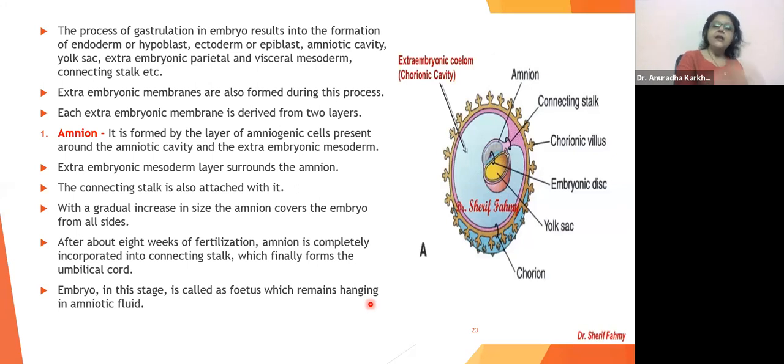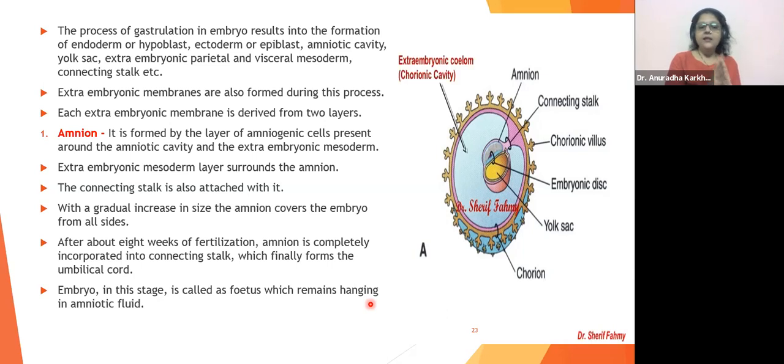Incorporated means now the connecting stalk will also include the amnion membrane, which finally forms the umbilical cord. So this amnion is going to extend to form the umbilical cord. No need of writing, you will be getting all these things. Just try to understand this conceptually. Okay.